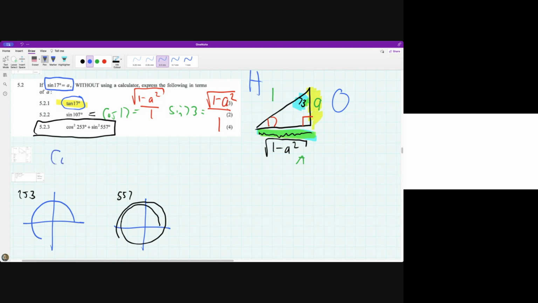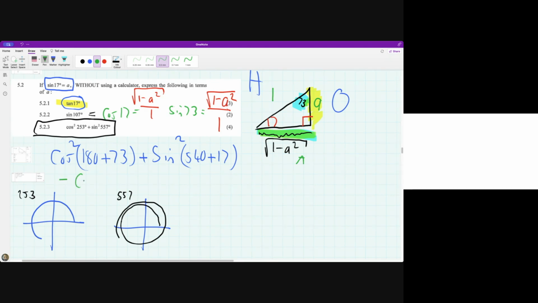Okay, so with this next bit, the cos of 253 is actually the same as the cos of 180 plus 73. Now I have to also square it, but that's me just rewriting it. Then the plus sine part can be written as, now 540 is actually the nearest horizontal, so 540 plus 17, and then it's squared. Now, ultimately, what you need to realize is in this quadrant, cos is negative.